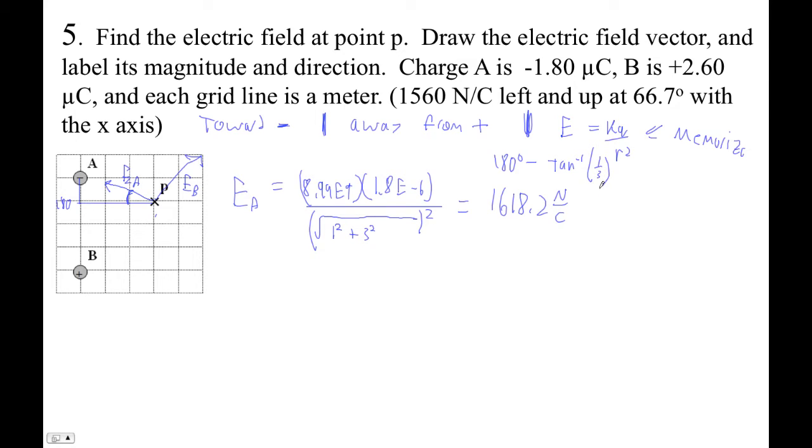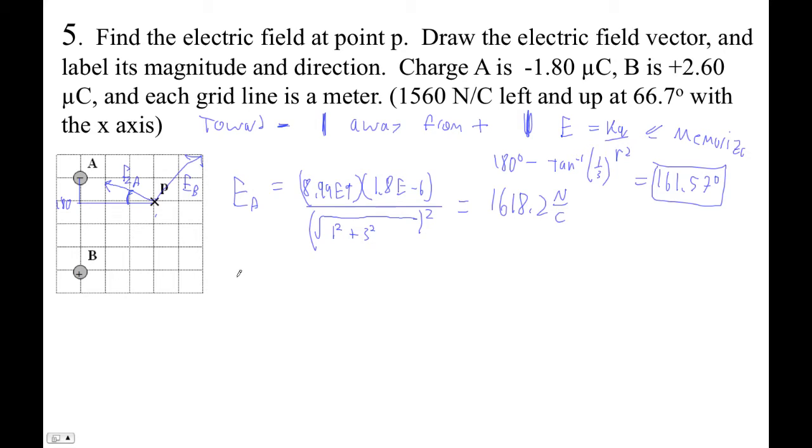Okay, so 180 minus inverse tan of 1 divided by 3 is 161.57, I'll say. Okay, this kind of makes sense, right? Because if this is 180 degrees, 161 would be kind of in that direction, right?